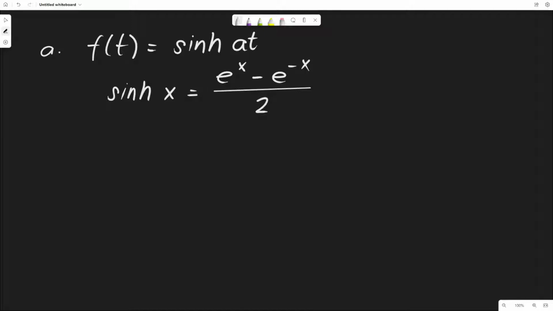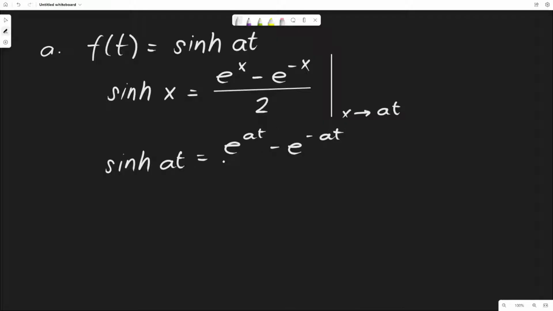So, papalitan natin, i-shift natin yung ating hyperbolic sine x from x to at, since hyperbolic sine at yung pinapahanap sa atin. So, therefore, we have hyperbolic sine at is equal to e raised to at minus e raised to negative at all over 2. Okay?